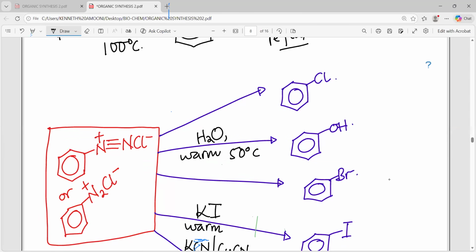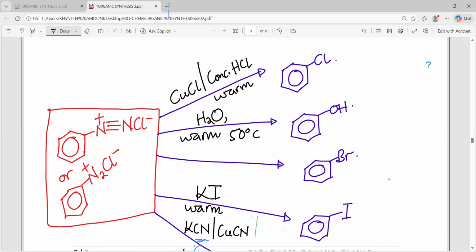You're going to use copper 1 chloride in the presence of concentrated hydrochloric acid, and then you're also going to warm. To bromobenzene, what are you going to use? Copper 1 bromide in the presence of concentrated hydrobromic acid, and then you're also going to warm.